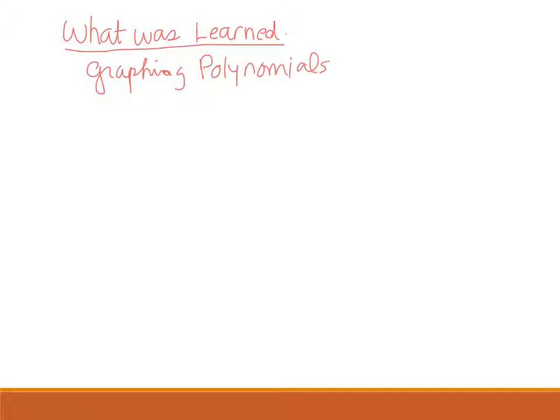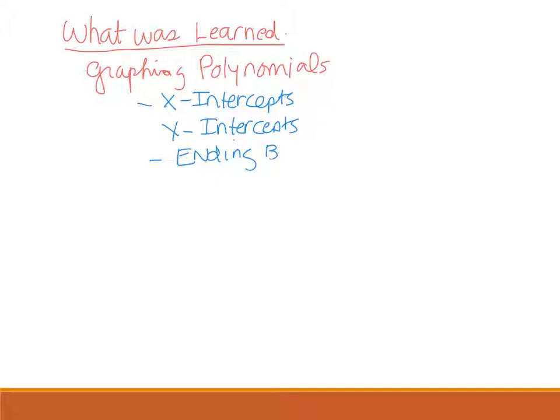In particular, we're going to find the x-intercepts, which is the zeros, the y-intercepts, the ending behavior, and then for x-intercepts, do they touch or do they cross, right?